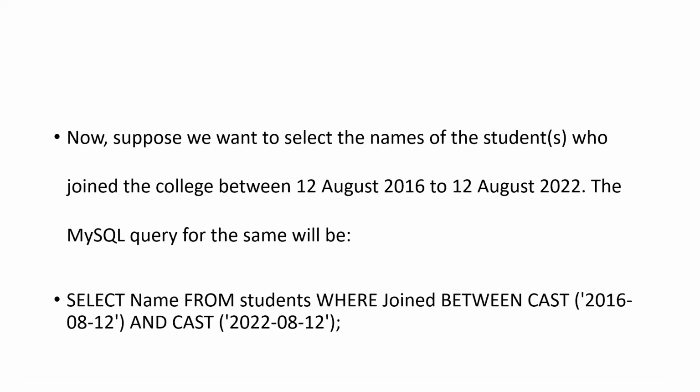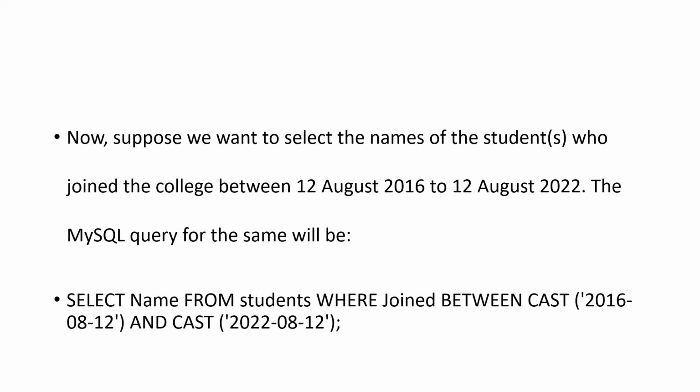Using between, we can fetch the dates in a simple manner, giving from which date to which date. So here: select name from students where joined between cast of 2016-08-12 and cast of 2022-08-12.